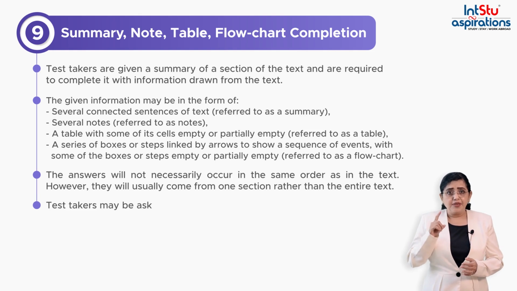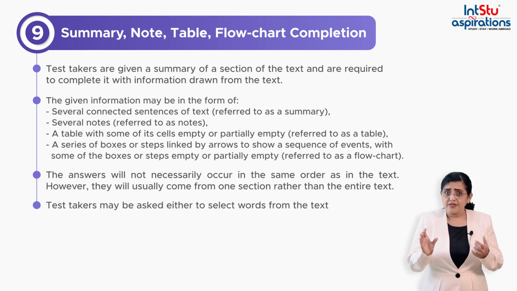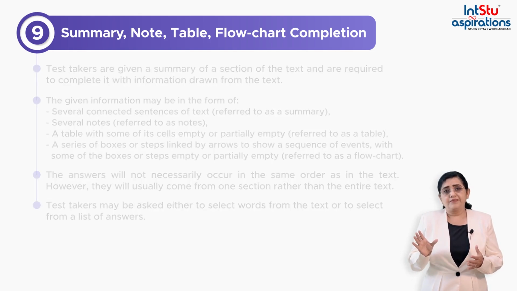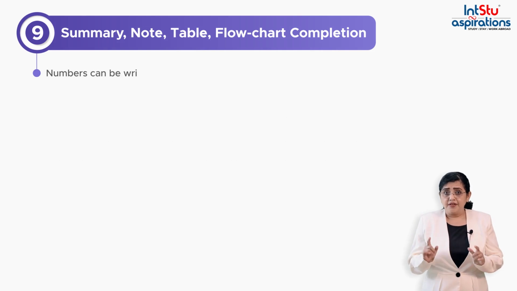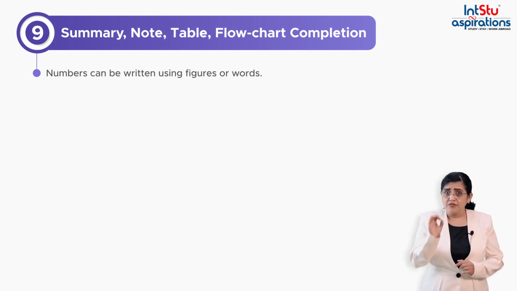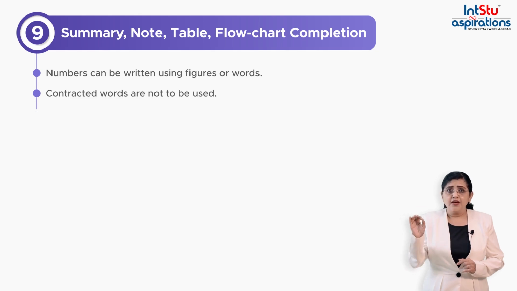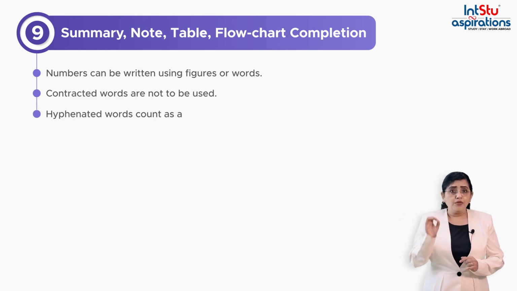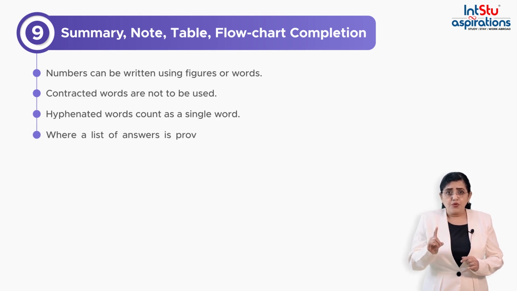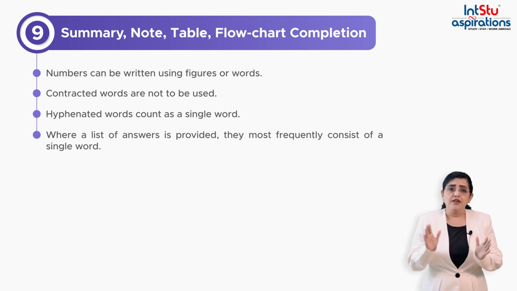Test takers may be asked either to select words from the text or to select from a list of answers. Numbers can be written using figures or words. Contracted words are not to be used. Hyphenated words count as a single word. When a list of answers is provided, they most frequently consist of a single word.